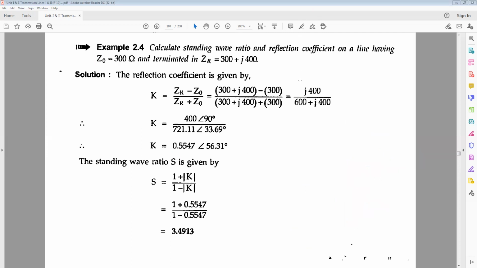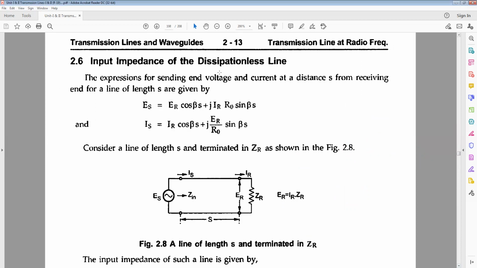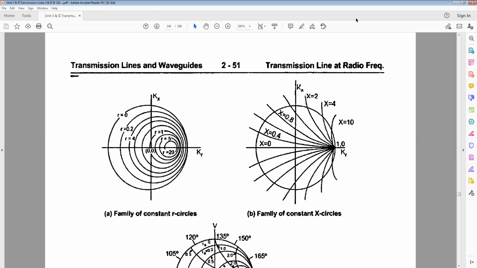The next example is the Smith chart. I have already explained the Smith chart having the R circles like this.